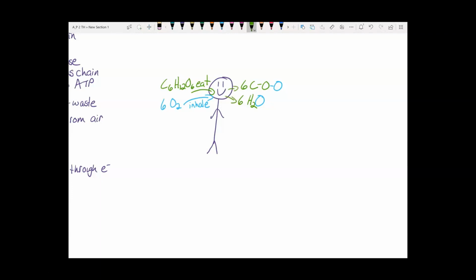So you eat food and you get glucose, you breathe and you get oxygen, then you rearrange those molecules, you exhale carbon dioxide, and you urinate water. So what goes in comes out. You just rearrange in between.